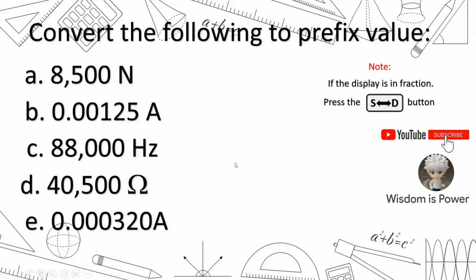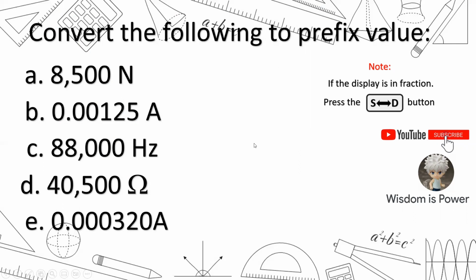So for our practice problems, let us convert the following to prefix value. Note, if the display is in fraction in your calculator, then simply press the standard to decimal button in your calculator. Just locate it in your calculator.